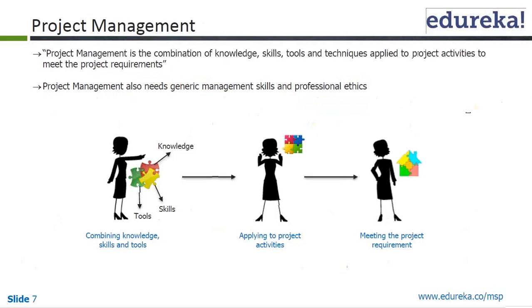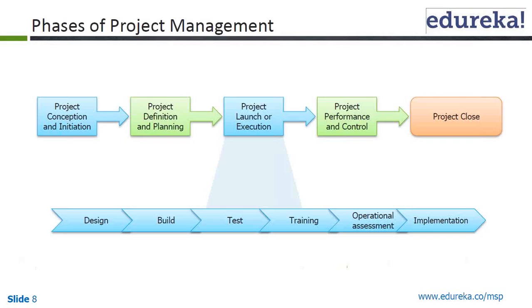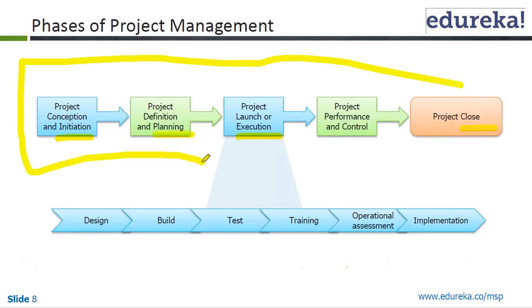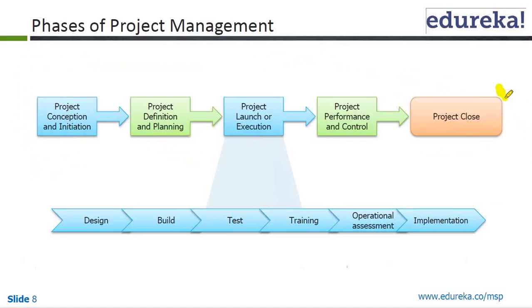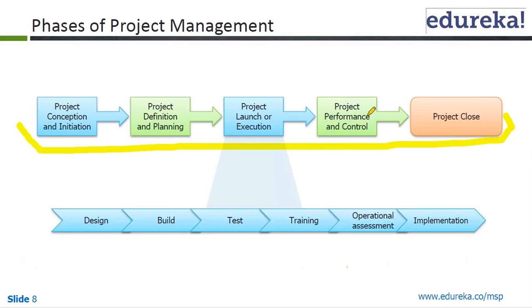So, phases of project management: you have project concept and initiation. The first is always initiation. Then you have planning, execution, and closing, and all throughout these processes you have monitoring and control.